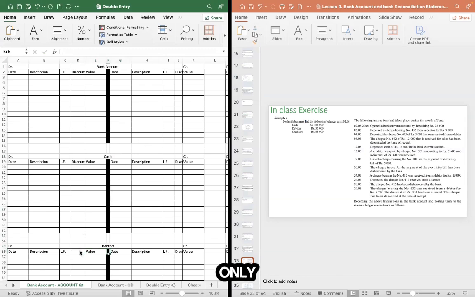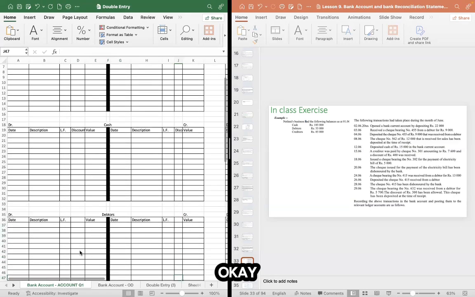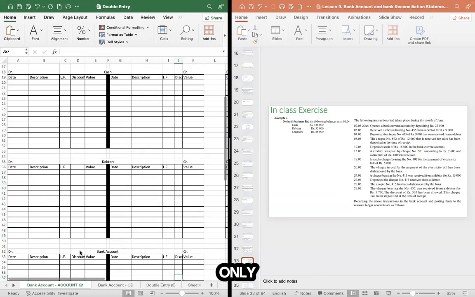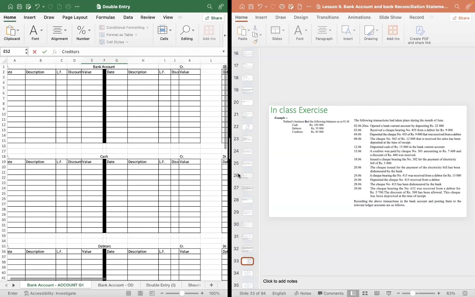Now only the cash account and bank account have the discounts allowed columns. Okay, since this is Excel only, I have recorded it. Don't record these columns. And it's creditors. Okay, let's start this.